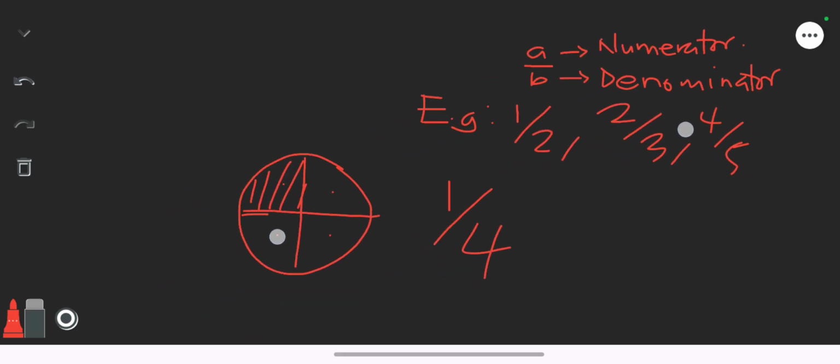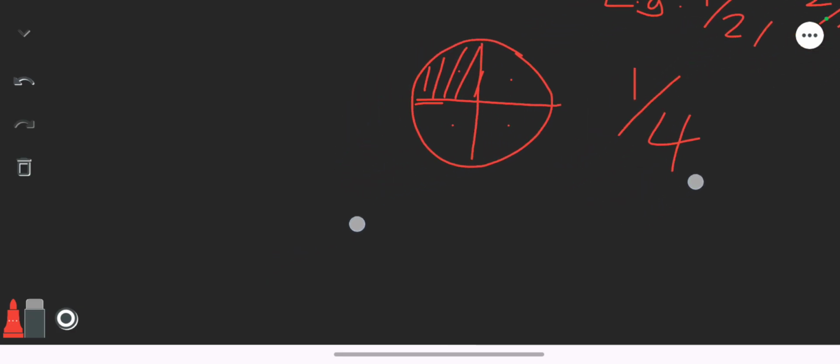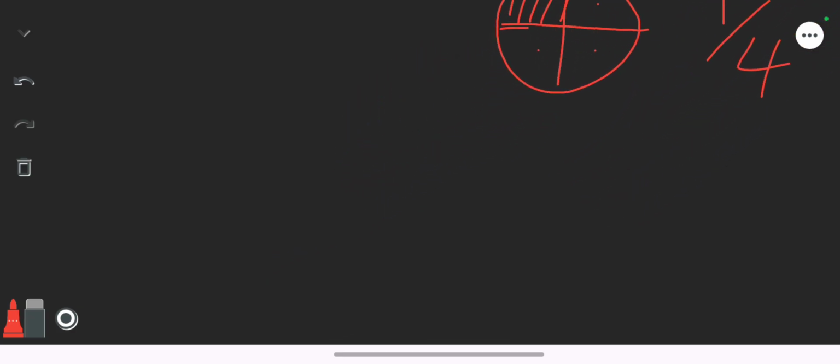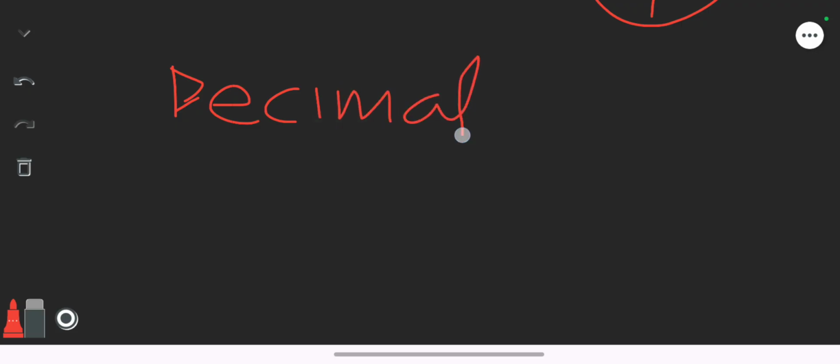Okay, so now I think we are done with the fraction. Now let's move on to decimal. Okay, so next thing we are looking at is decimal.